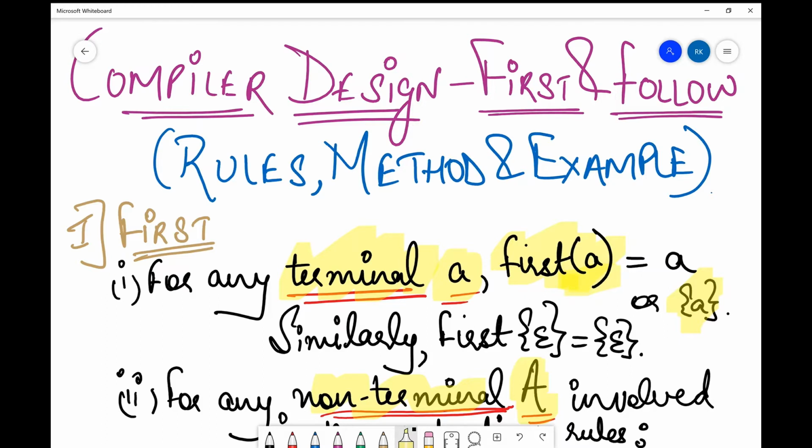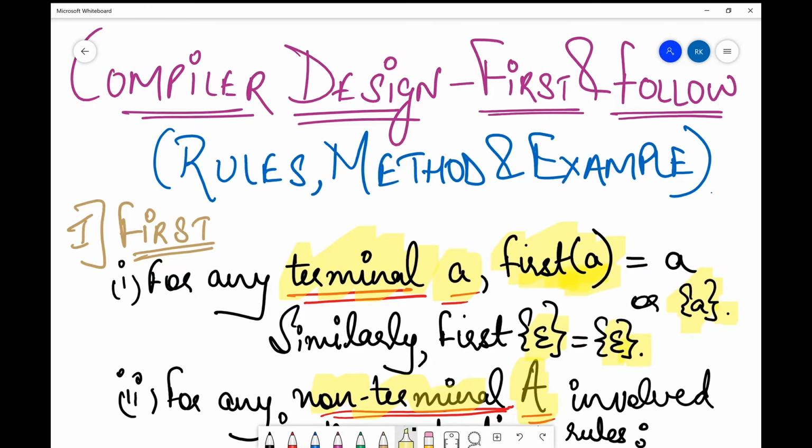Similarly, epsilon is represented as an empty string, so First of epsilon is also epsilon, and in most books you'll find that they put a dot over here, which means it has terminated. But generally you can just put the dot or avoid it, it hardly matters. The basic thing is that whatever the symbol for the terminal, the First of that terminal is the terminal itself.